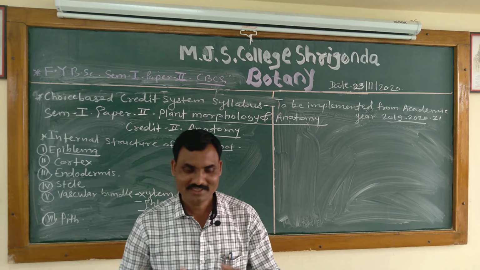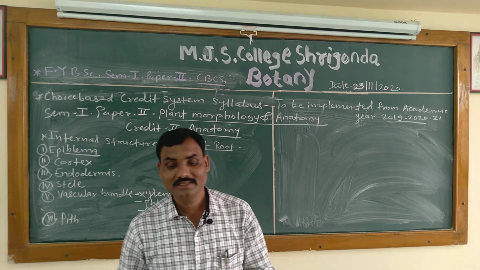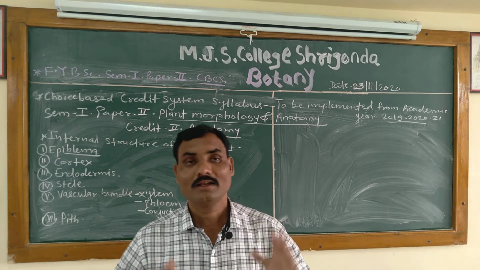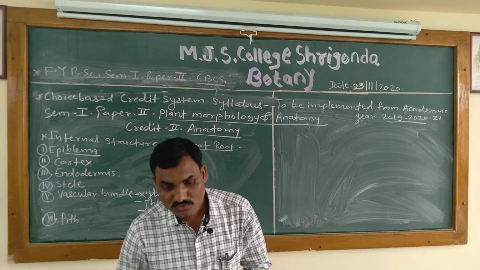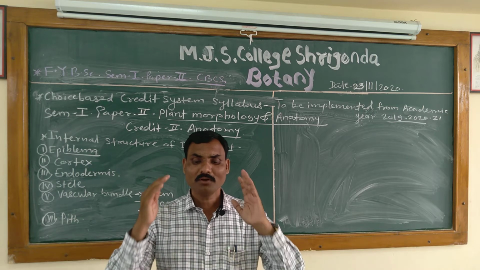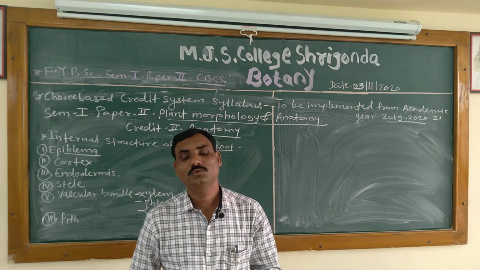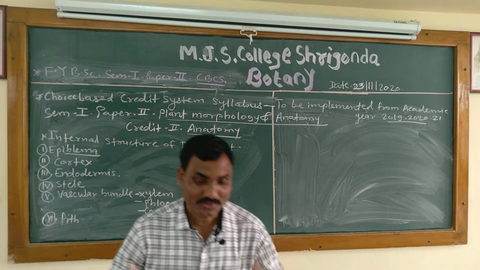The tissues deriving their origin from the apical meristem are called primary meristems or primary permanent tissue, and that is known as the primary plant body.